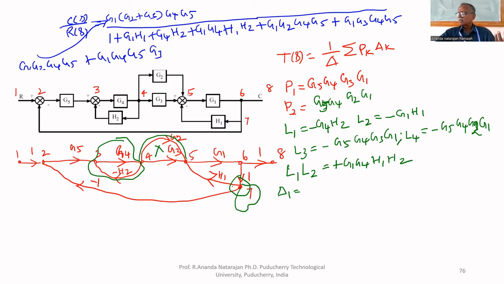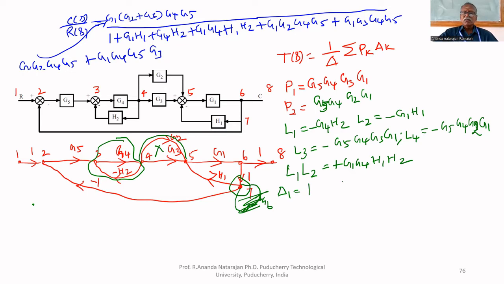I didn't mention yesterday. Say its gain is G6; then that will come in delta 1. But no such loops are there, only one node is there. 7 is not touching the forward path. There is no loop. Therefore, delta 1 equal to 1.